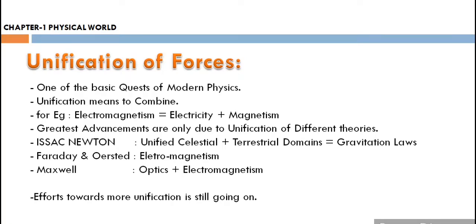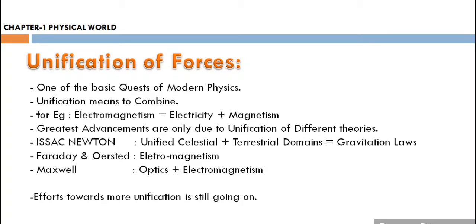Again, if you want to study the motion of a simple ball which is hit by a cricketer, you will have to study force, laws of motion and laws of gravitation. That is why gravitation combines the celestial and terrestrial domains. That is nothing but unification. Okay. Same as Faraday and Oersted, they combined two separate branches and made electromagnetism.